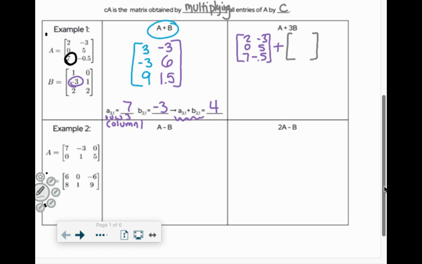So top left, 1 times 3 is 3. Top right, 0 times 3 is still 0. Middle row, -3 times 3 is -9. 1 times 3 is 3. Bottom row, they're both 2's, and 2 times 3 is 6. And then I'm just adding them together again. Before, they were written vertically, now they're written side by side. So this does change the way it looks a little bit.